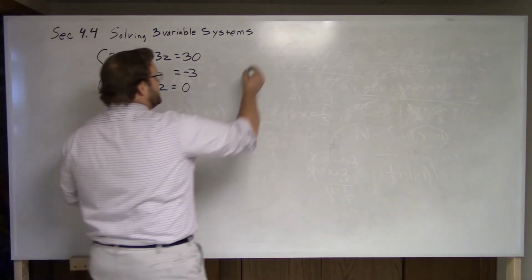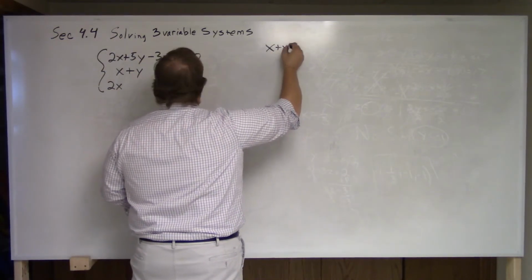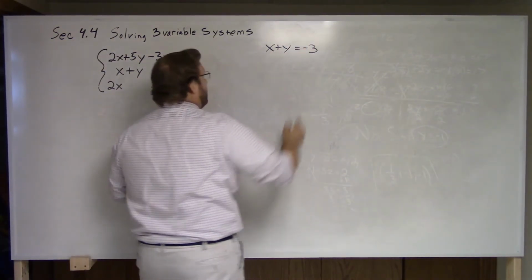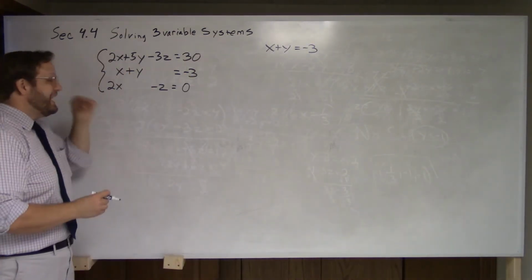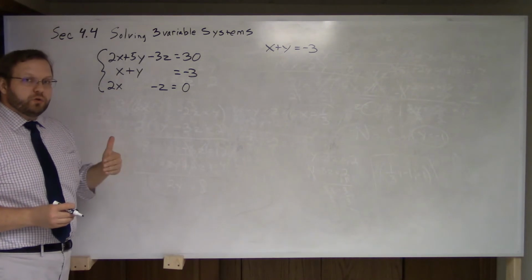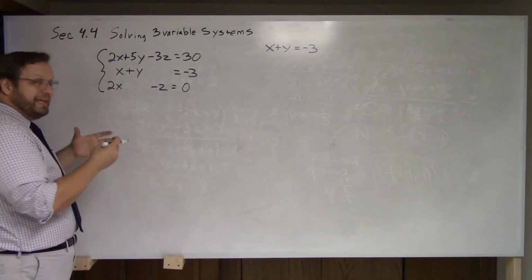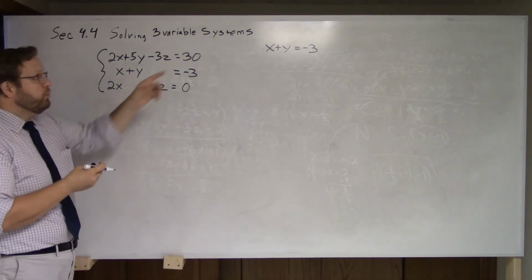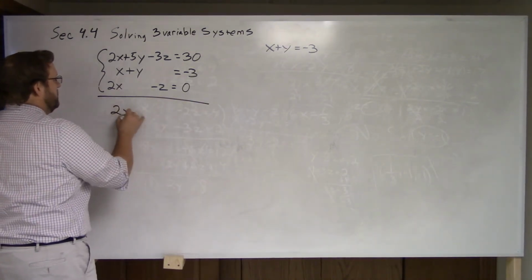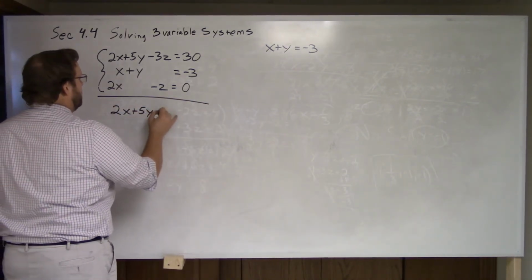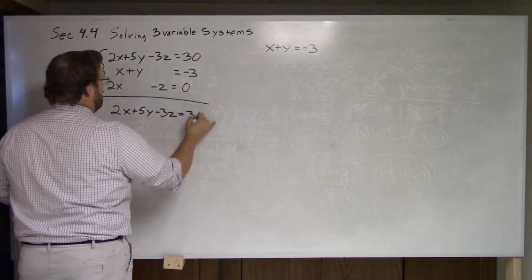So I'm going to hold this off to the side. Okay? I literally just take this, push it over. I then am going to use the other 2 to combine them into a new equation that will work with that. So I'm going to focus now on these.